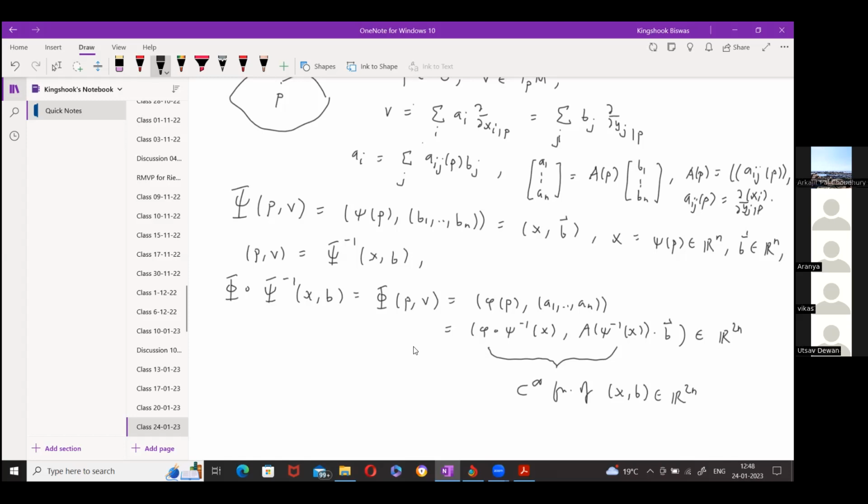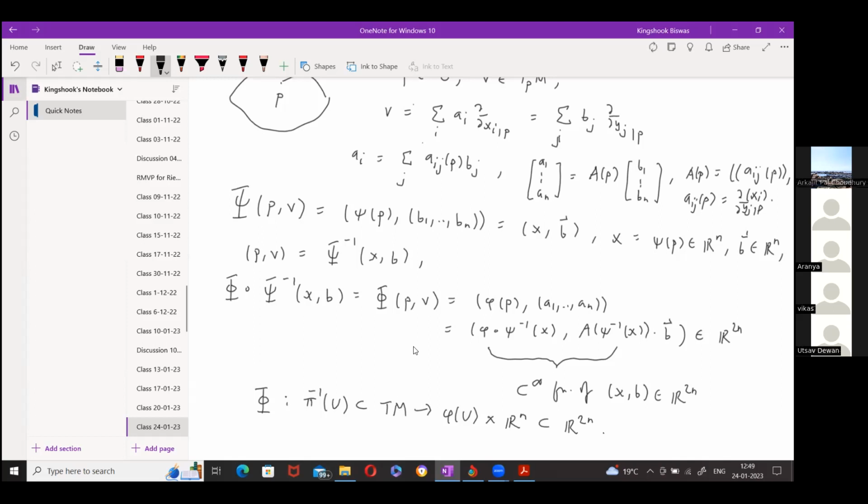Yes? All right. So we have these charts capital phi, which go from pi inverse of U in TM to phi of U cross R^n, sitting inside R^2n.